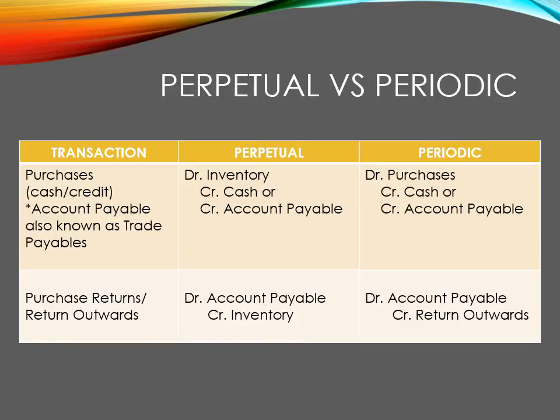However, if you adopt the perpetual inventory system, you will debit account payable, credit inventory. You are no longer required to open a return outwards account anymore because you will credit inventory.